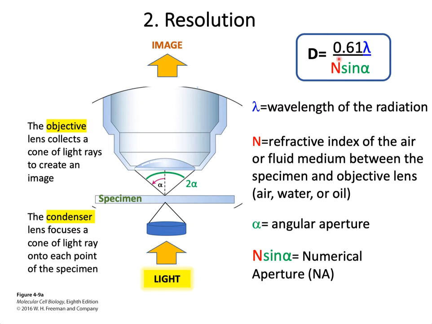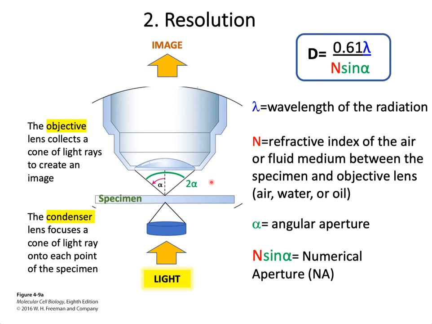Here, n is the refractive index of the medium the specimen is sitting in. Under the microscope, all specimens are in some type of medium, air, oil, or even water, and all of the media have a refractive index, which is represented by the n in this formula. The alpha is the angular aperture of the microscope system you are using.